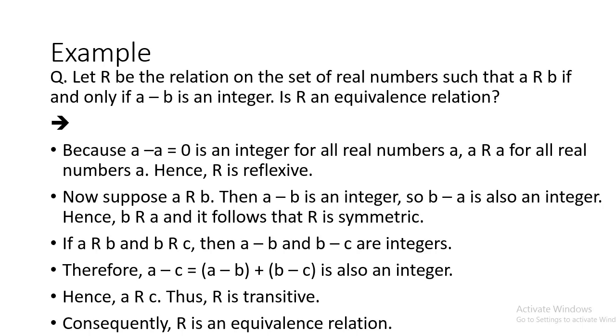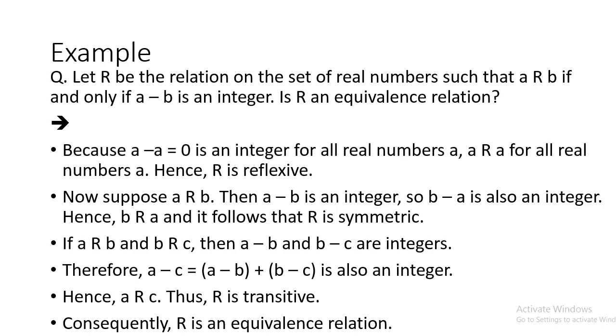Next example. Let R be the relation on the set of the real numbers such that a R b if and only if a minus b is an integer. Now we have to find out whether R is an equivalence relation.